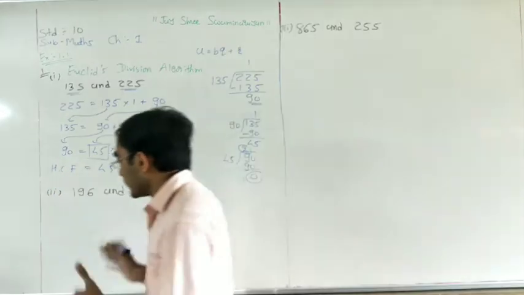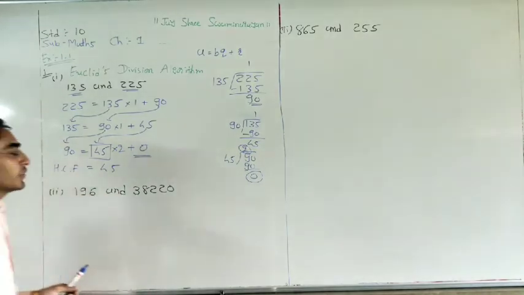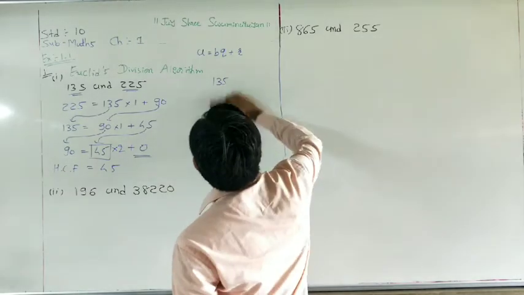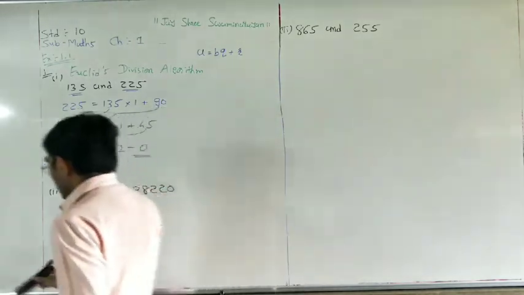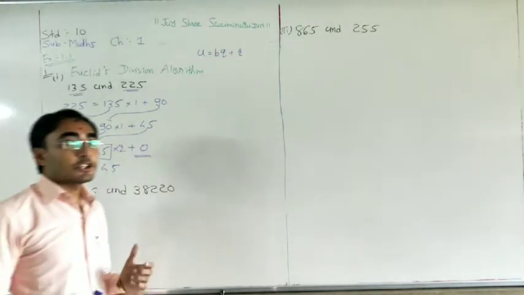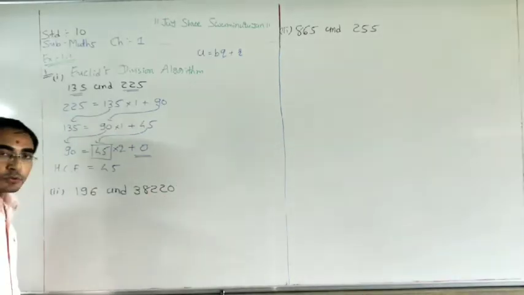Now next, number 2, 196 and 38224. Now first of all, what we need to do? We need to find big number. Big number is 38220.